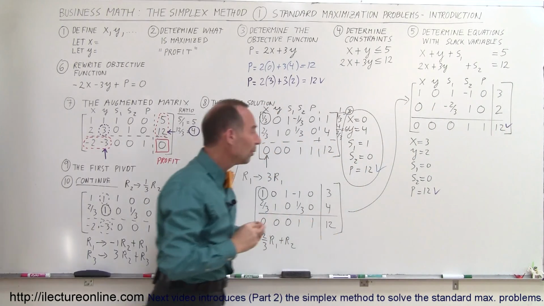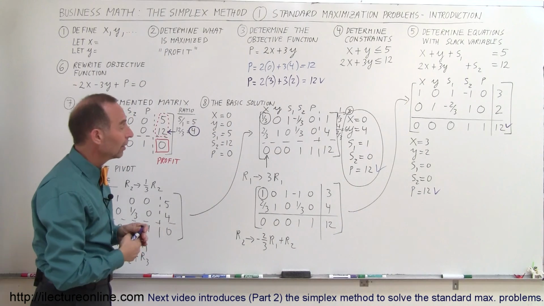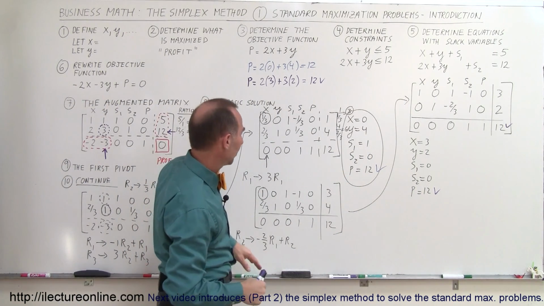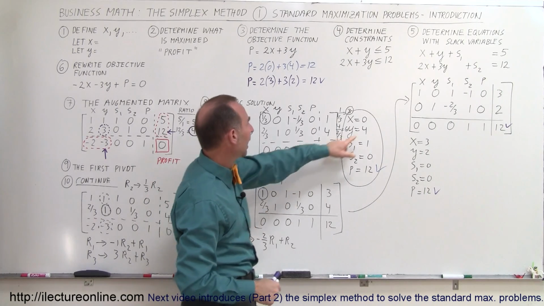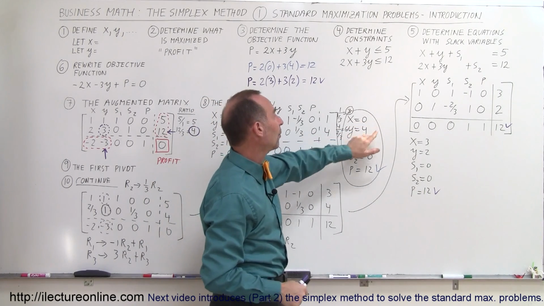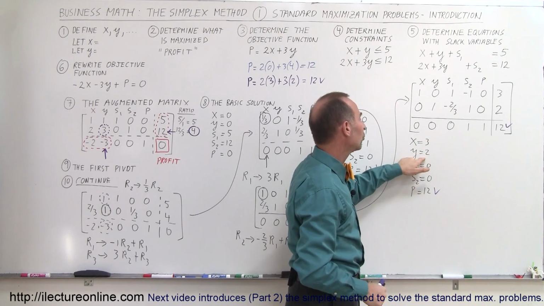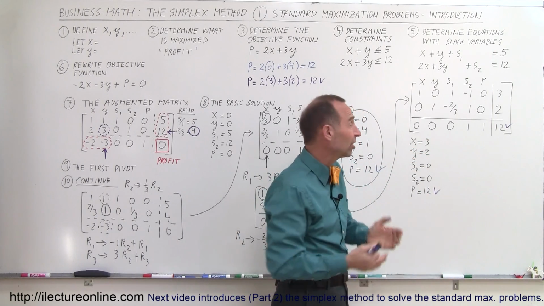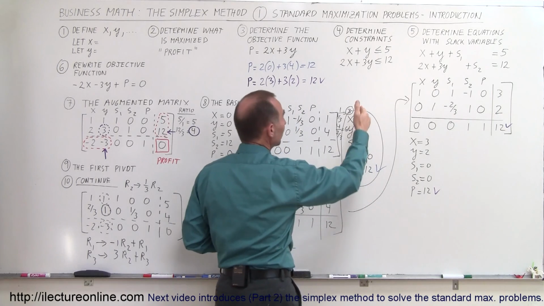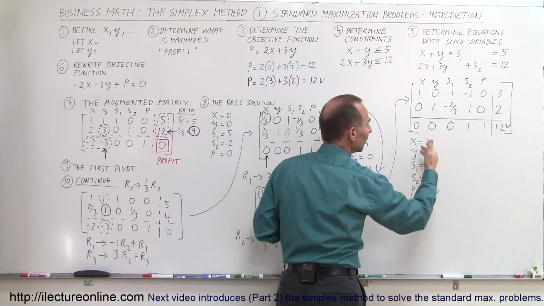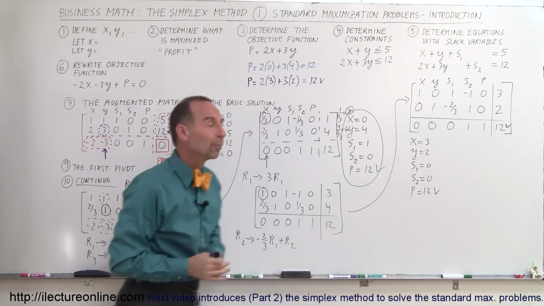And notice, even though we now have a different way of operating, we found the maximum profit when we let x equal 0 and y equal 4, but we got the same maximum profit when we let x equal 3 and y equal 2. So there are two possible ways in which you can gain the maximum profit, letting x equal 0 and y equal 4, or letting x equal 3 and y equal 2. Either way, you get the maximum profit.